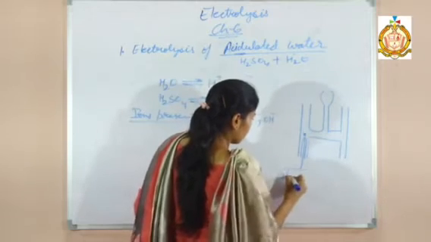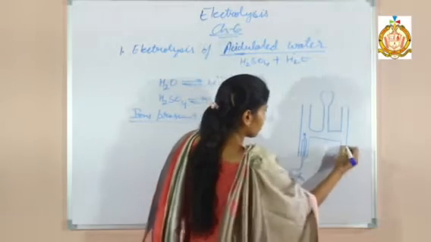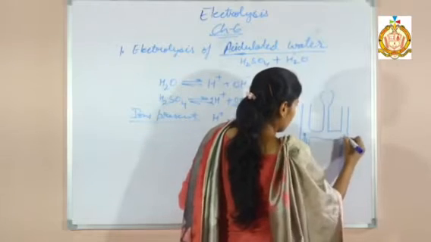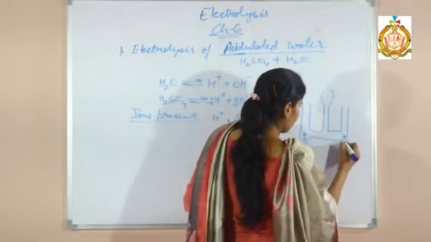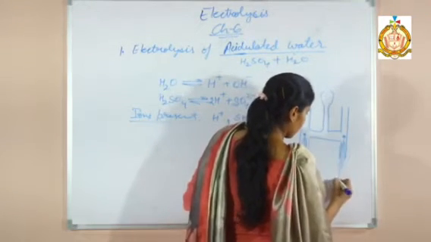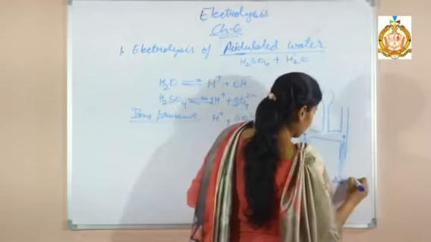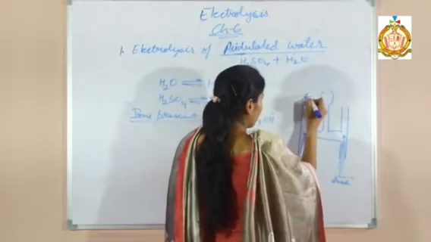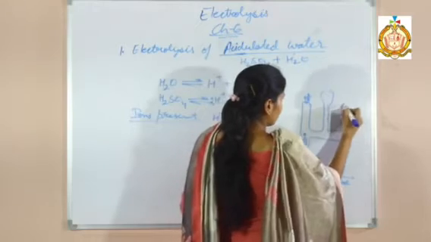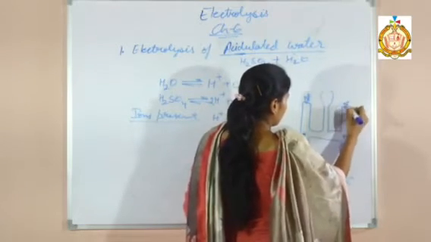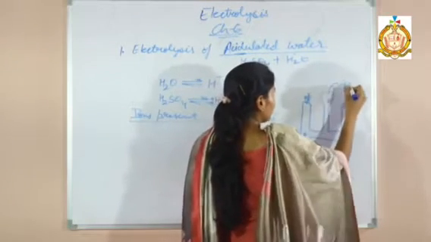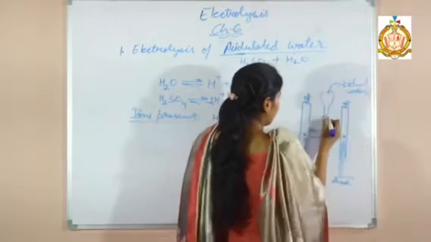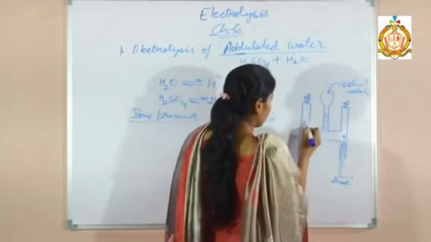Cathode means it will attach to the negative terminal of the battery, and this side is anode. And it is closed from the top with the stopper. And from here we will add water, acidulated water.